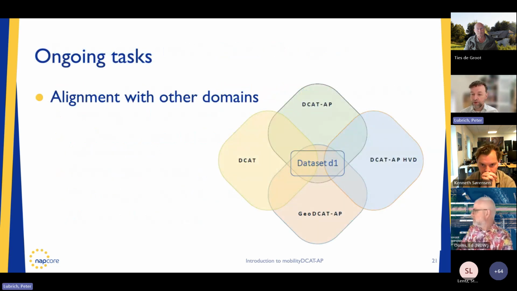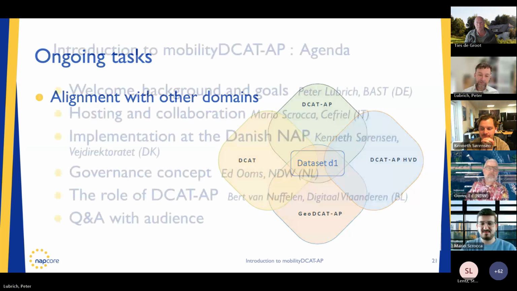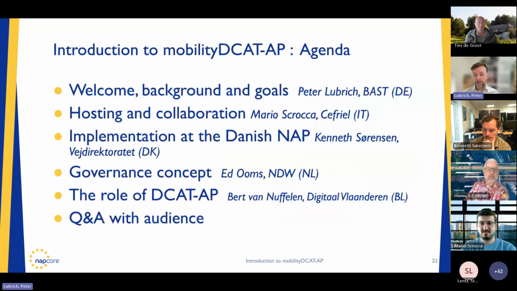I would like to leave the floor to other persons working with us. So I have the agenda again here. What will happen in the next minutes are 4 short presentations, deep diving into the mobility DCAT-AP concept. So first of all, we will learn about how the mobility DCAT-AP is hosted and how persons and organizations, including you, can collaborate.